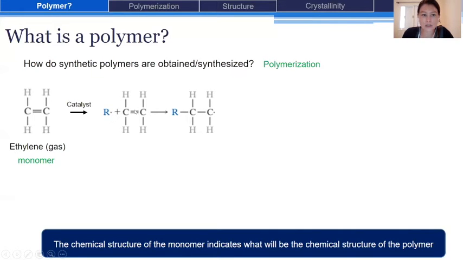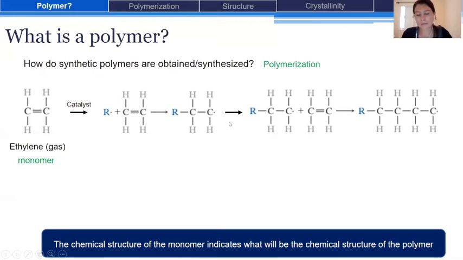In fact, this double bond of ethylene is composed of electrons, and one electron from this double bond will react with this electron from the catalyst in order to create a new covalent bond between the catalyst and a carbon atom. Whereas the second electron of this double bond will go to this other carbon. That's why you can see this representation of this electron with this small dot on the structure written on the right.